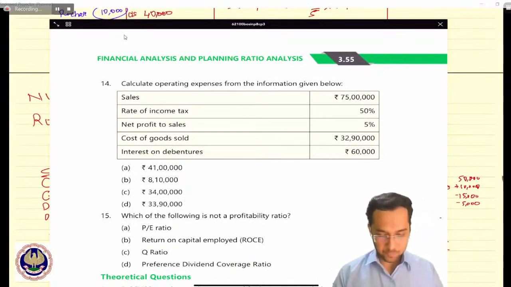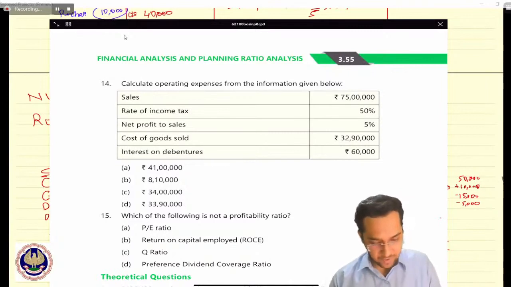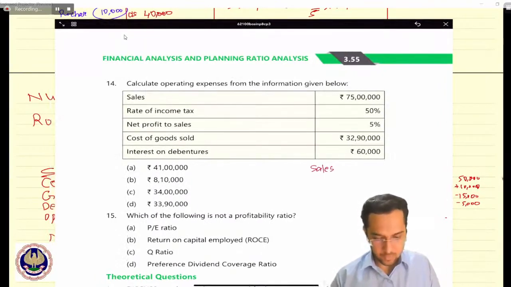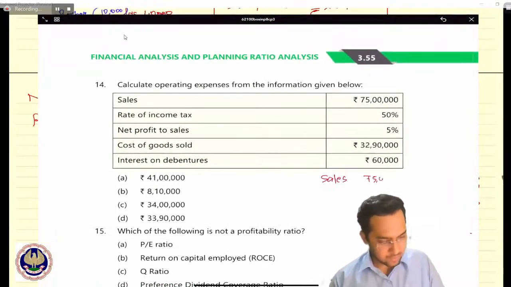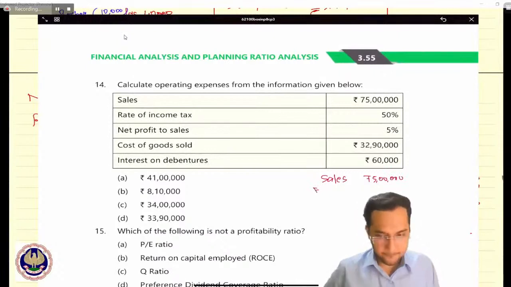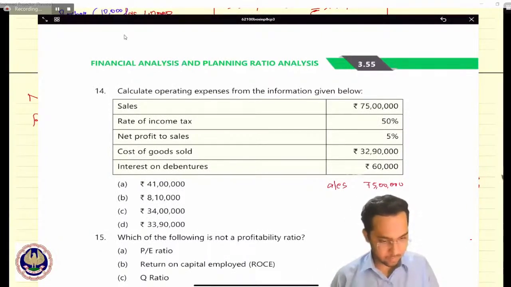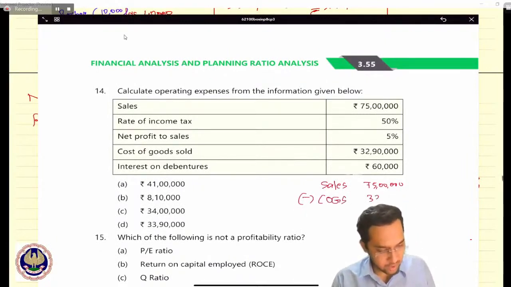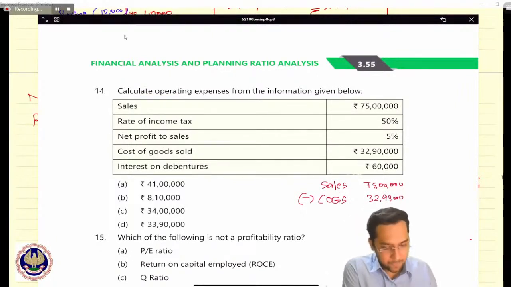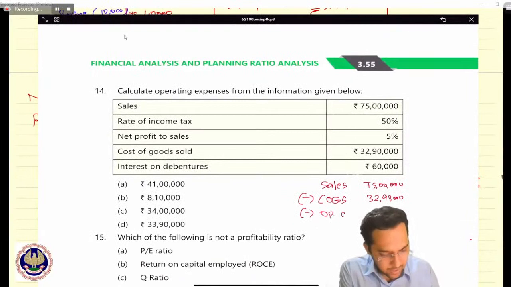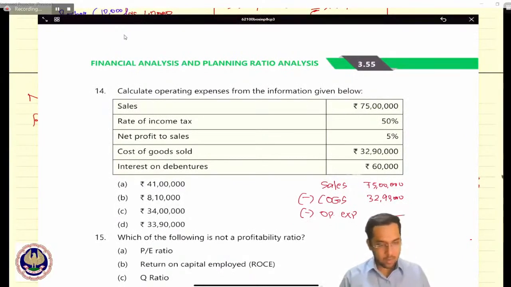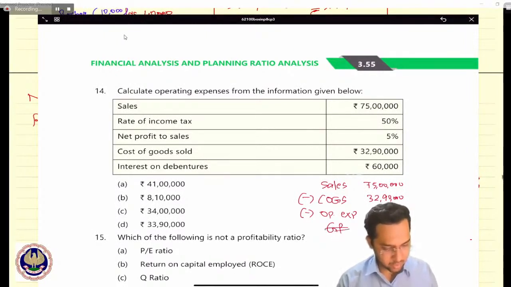Let's say sales is 75 lakh. Sales of 75 lakh less COGS, cost of goods sold given as 32 lakh 90,000, will give you the GP.